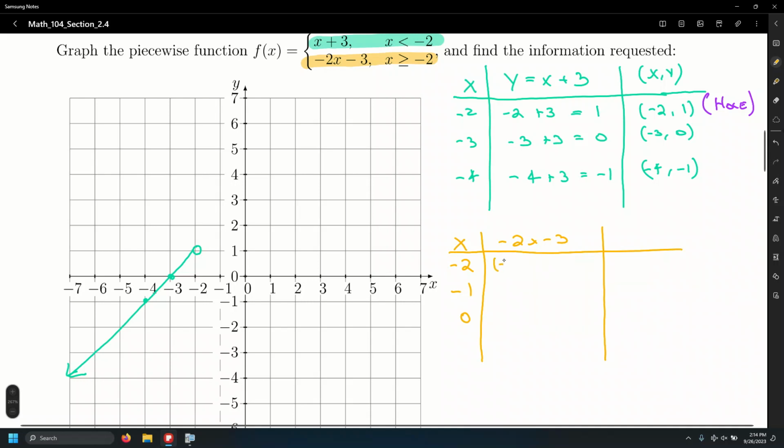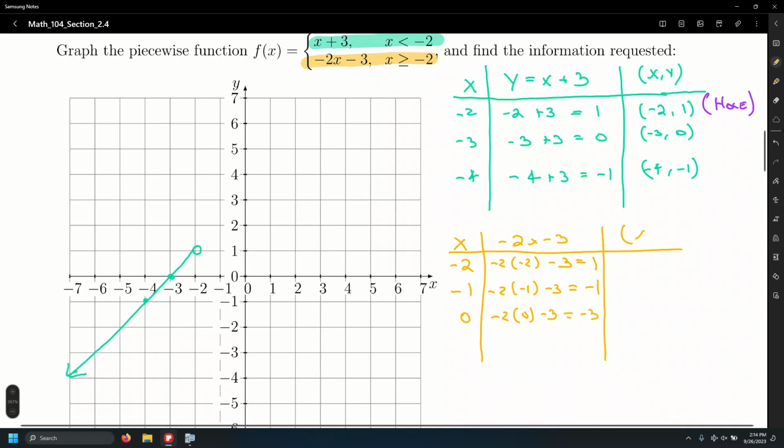That'll be negative 2 times negative 2 minus 3. That equals negative times a negative is 4, minus 3. That equals 1. And then negative 2 times negative 1 minus 3. That equals positive 2 minus 3. That's negative 1. And then negative 2 times 0 minus 3. So that's 0 minus 3, which equals negative 3.